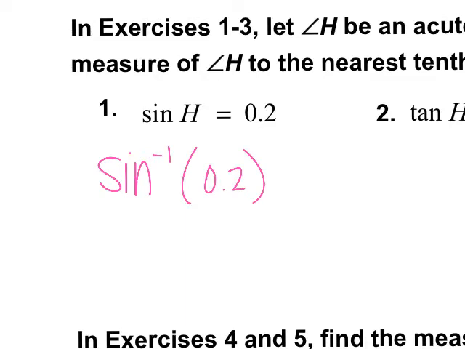When you type that into your calculator, you should get 11.53695. I'm just going a little crazy, that way you can check it in your calculator. So 11.53 is the sine inverse of 0.2.